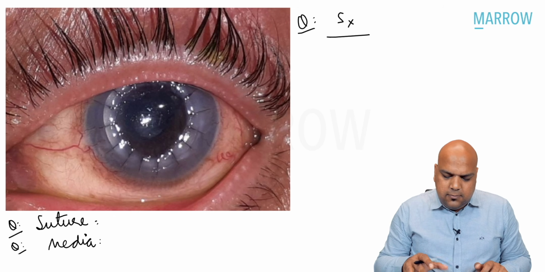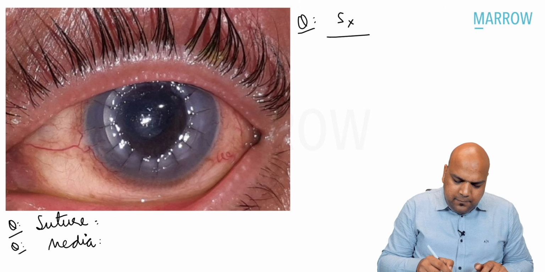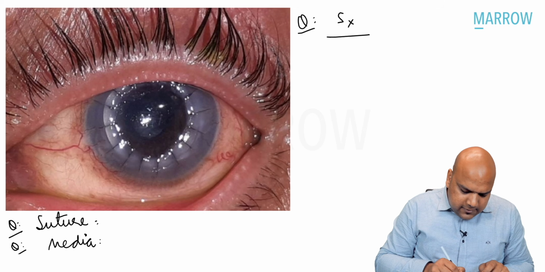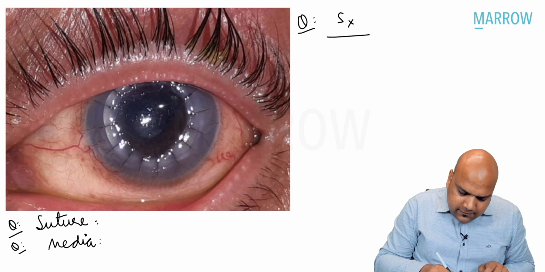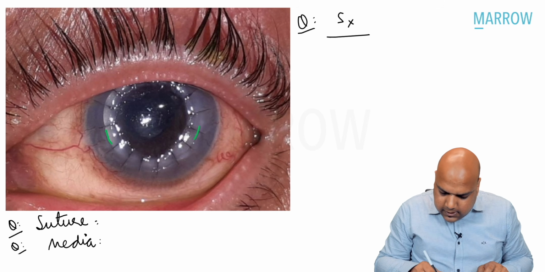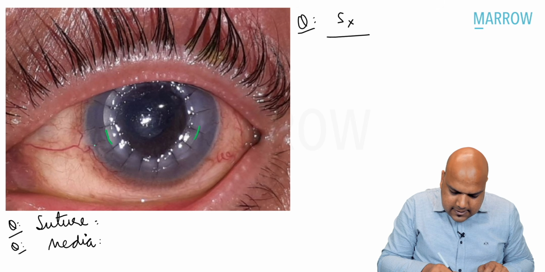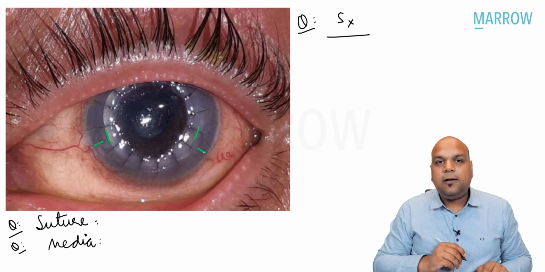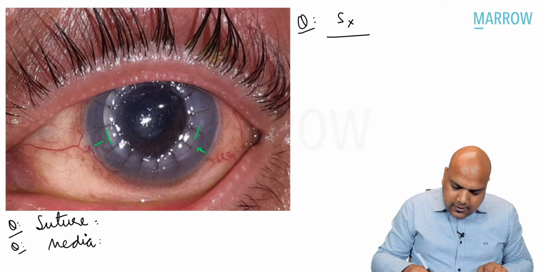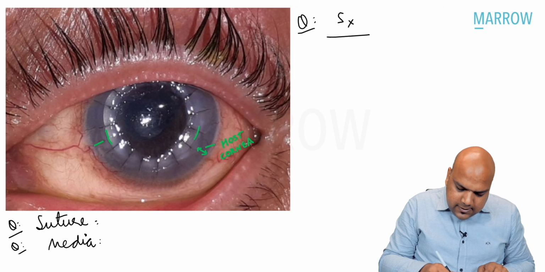Yes, some sutures onto the cornea, and if we see it carefully, it looks as if there is one cornea from here till here. You can even see a small furrow, and this is the second cornea in the periphery. So this second cornea, this is the host cornea, whereas this whole cornea, this is the donor cornea.